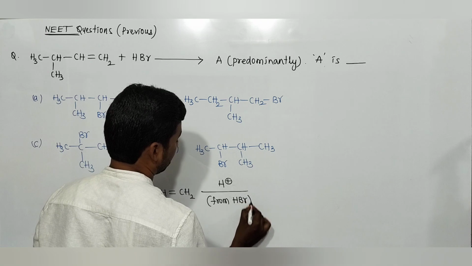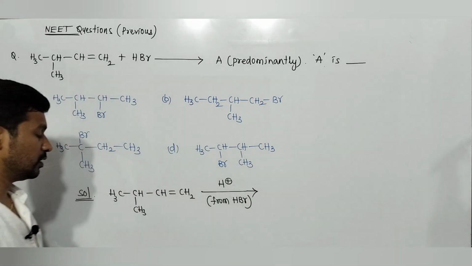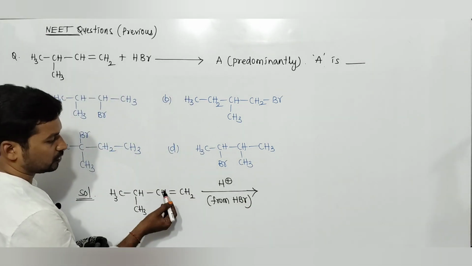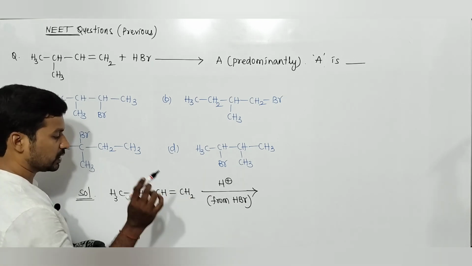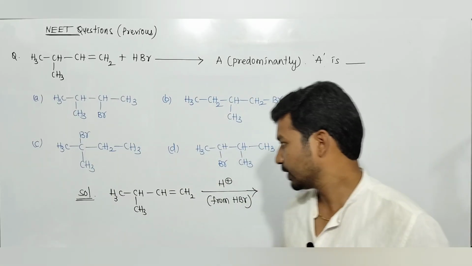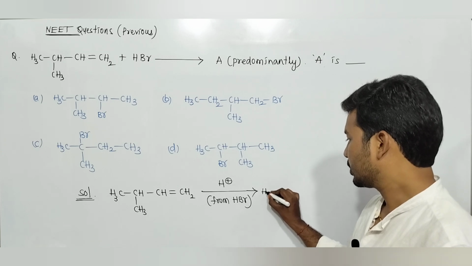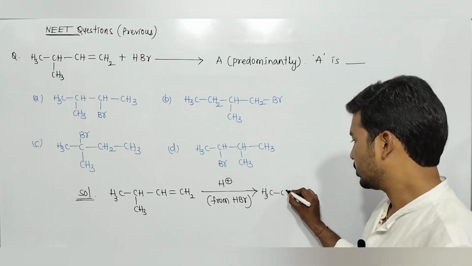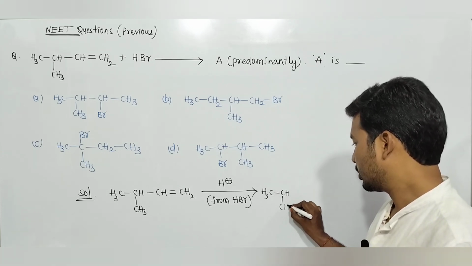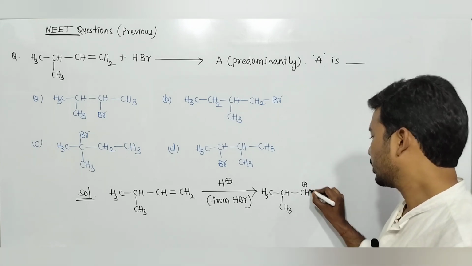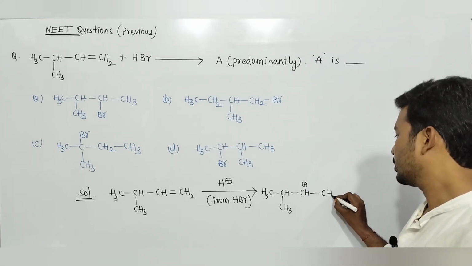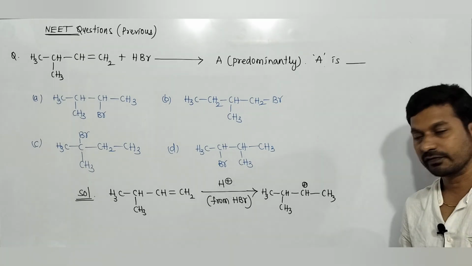So according to Markovnikov's rule, hydrogen is added here, this becomes positive, that is stable. That's why that becomes CH3 here and CH3 here, and this carbon becomes positive, the double bond becomes a single bond, CH2 becomes CH3 after addition of H plus.